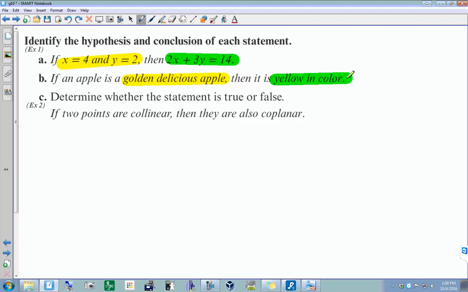Let's see, Logan. So now, what is the conclusion and the hypothesis here? Okay. Would it be the 2 points? Or would it just be the collinear?